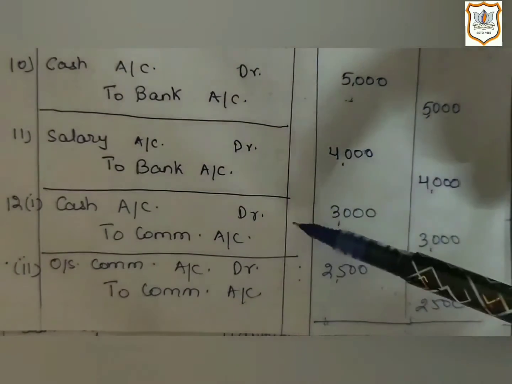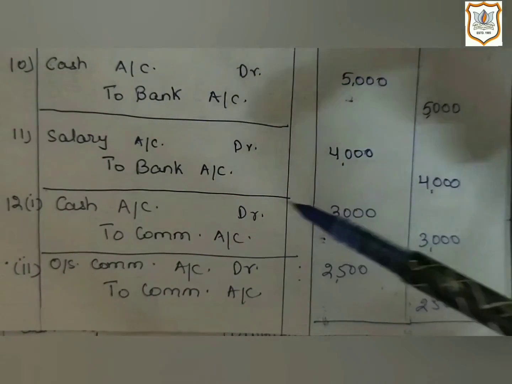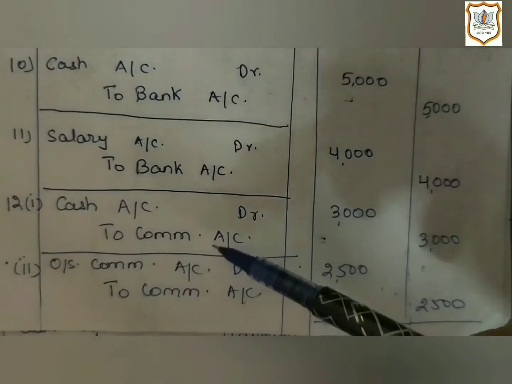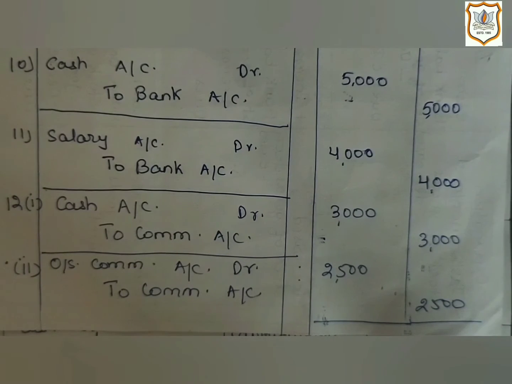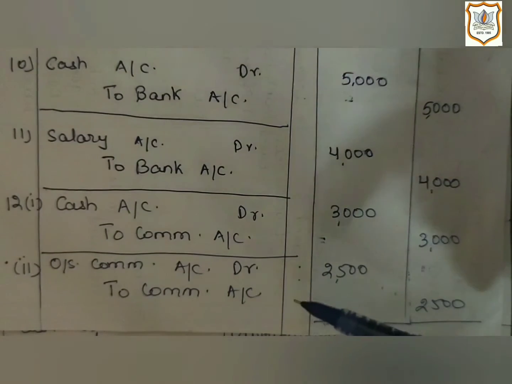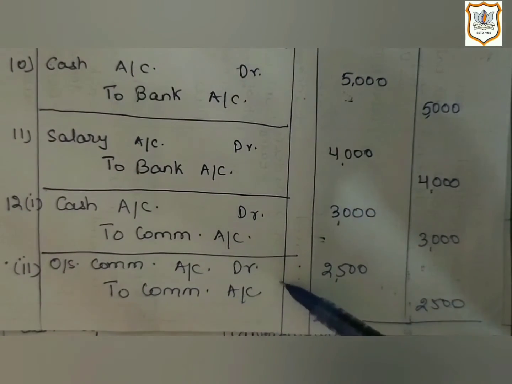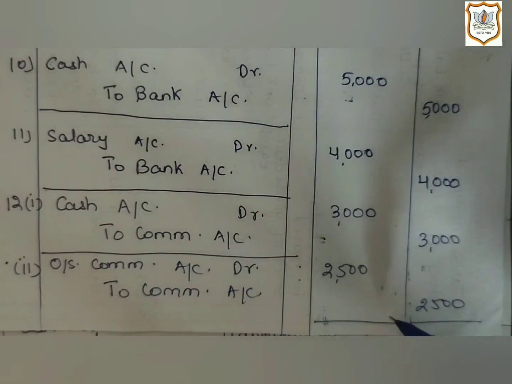So here the journal entry will be cash account debited by rupees 3,000 and commission account credited by rupees 3,000. And for the second part, that is 2,500 outstanding commission, the journal entry would be outstanding commission account debit to commission account.